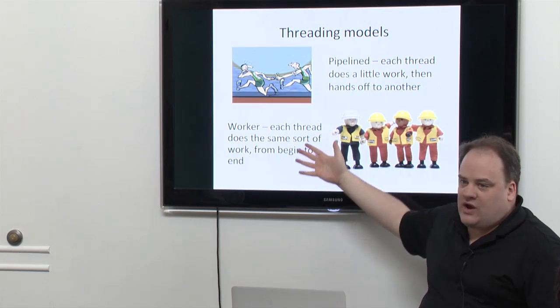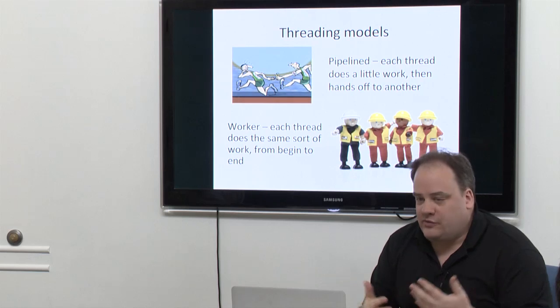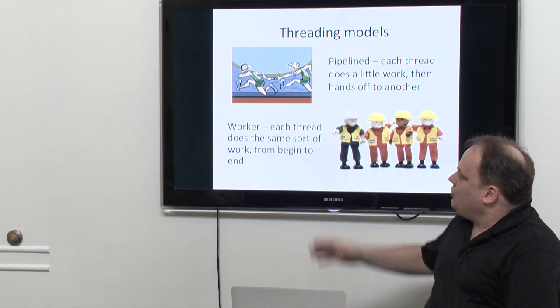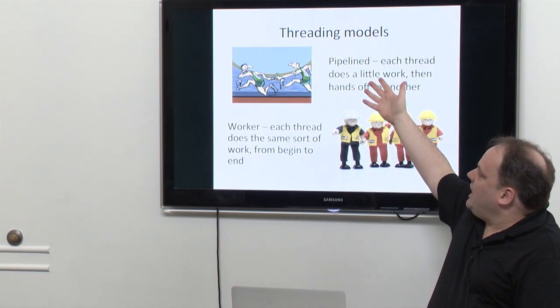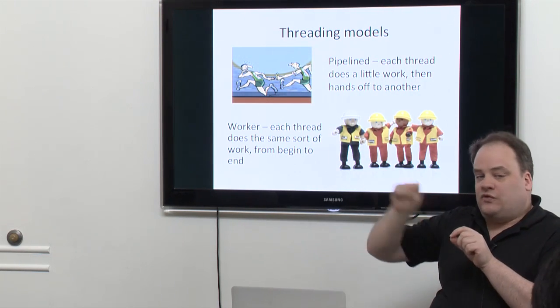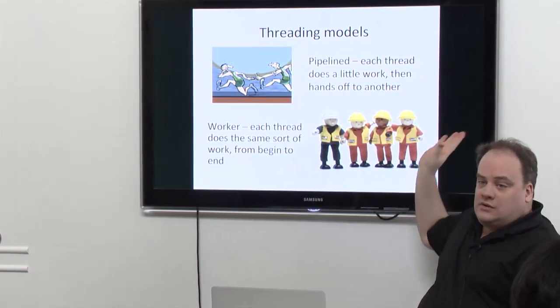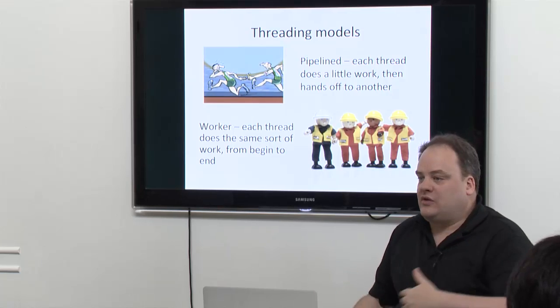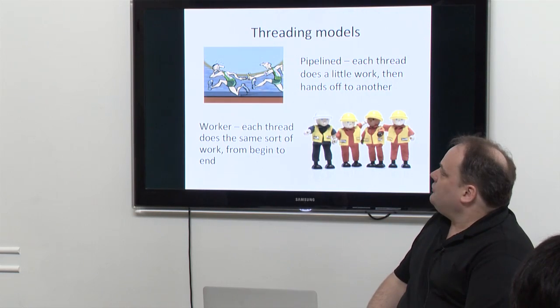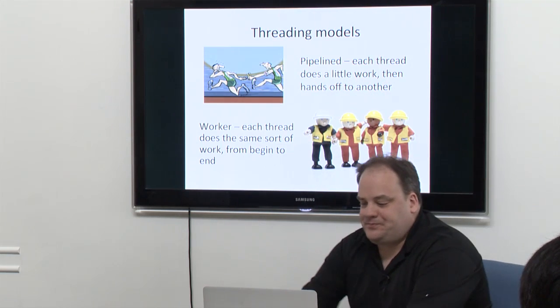If you're doing worker threads, they're going to keep blocking on each other or spinning, even with lock-free algorithms. There's a lot of waiting going on. So what you might do instead is use a pipeline model where one thread receives packets from an adapter and then dispatches those packets to individual worker threads that continue from that point on and process the TCP/IP stack, where there's a lot less contention. So that's why you want to have different models or a combination of the two.